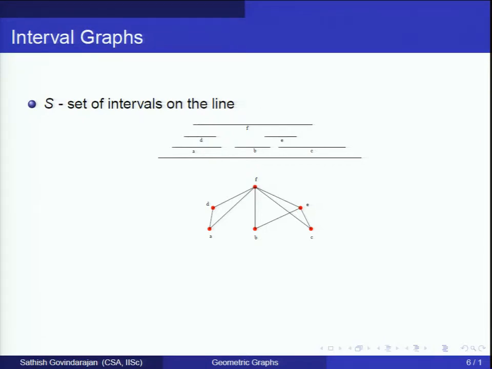There's an edge between A and D because A and D intersect. There's an edge between A and F because A and F intersect. So you can verify that the graph below is actually the intersection graph, or the interval graph, of the intervals shown in the figure. Is the definition of interval graphs clear before we proceed?